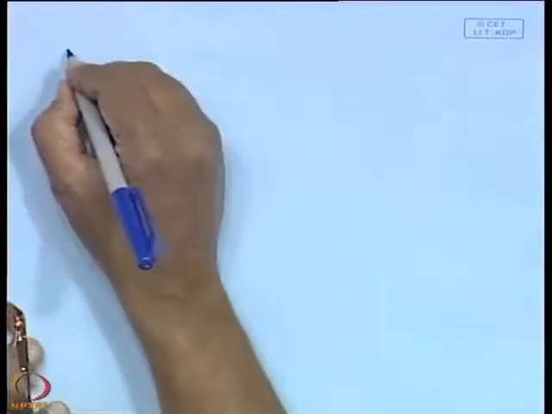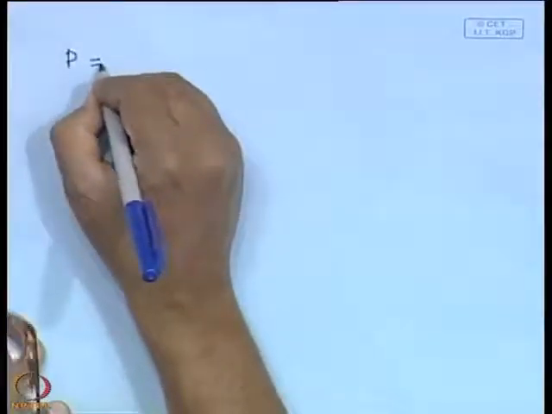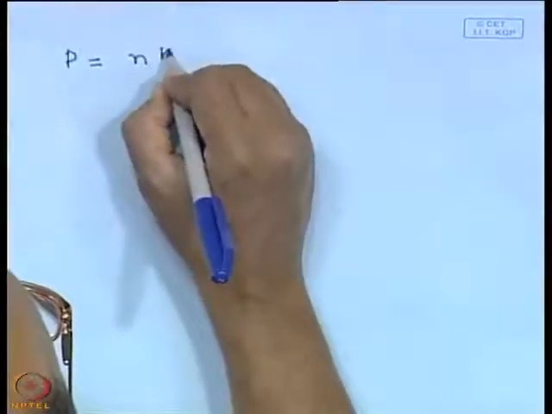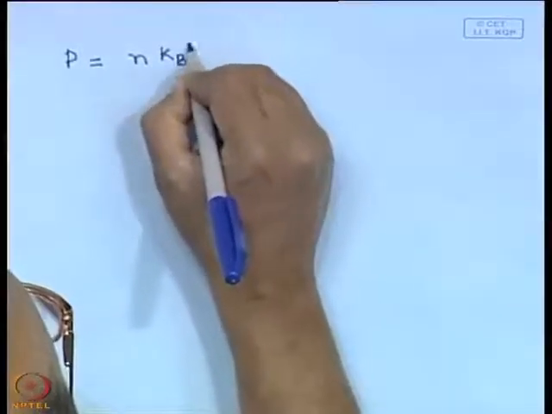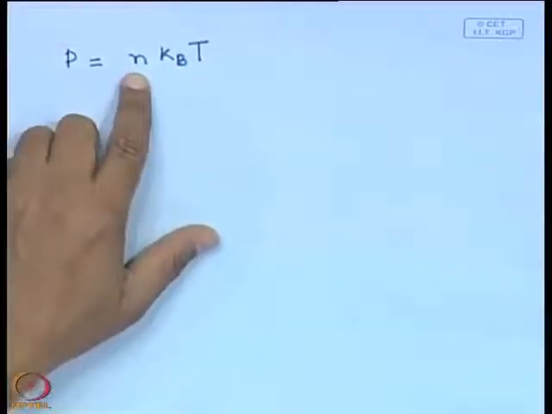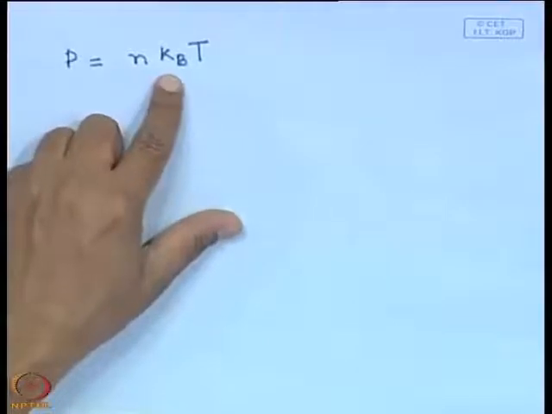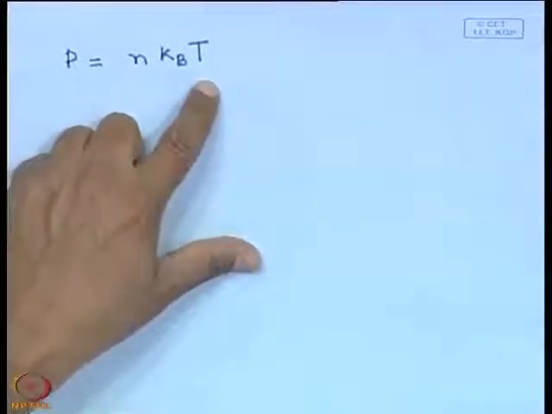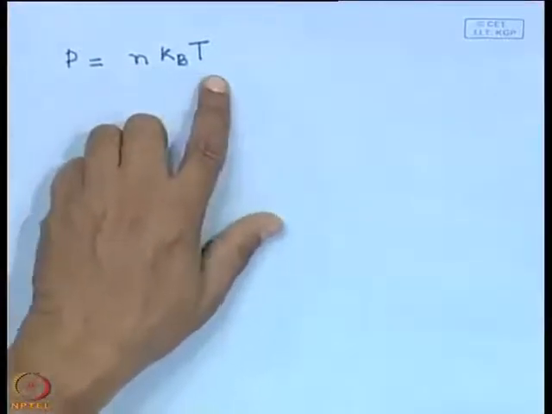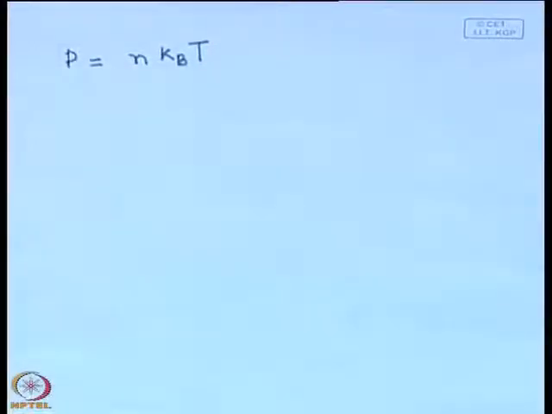Okay. So for any gas, if it is an ideal gas, then the pressure and the temperature are related as follows. The pressure is equal to the number density of particles times the Boltzmann constant times the temperature. So if you know the pressure and you know the number density, you can determine the temperature.